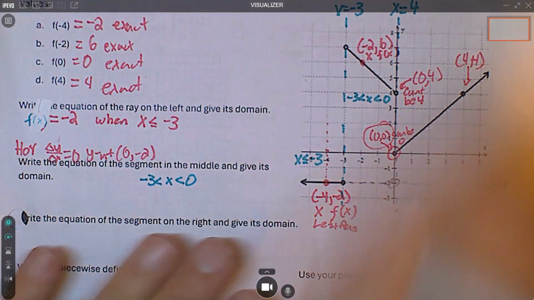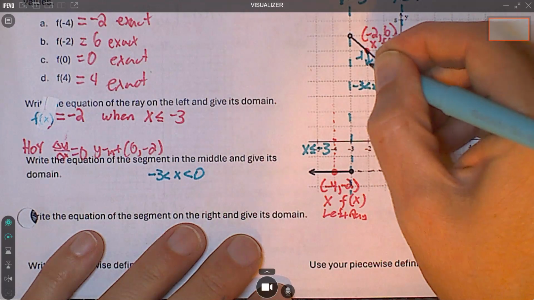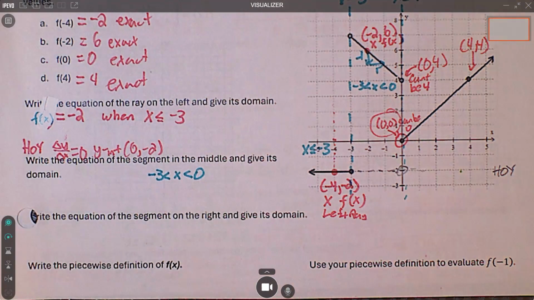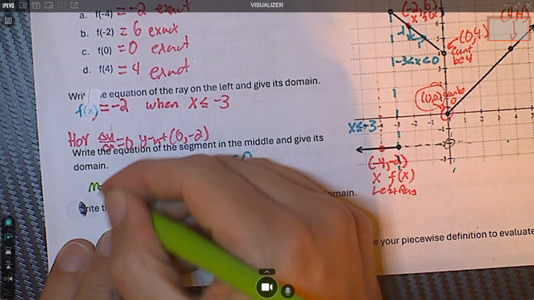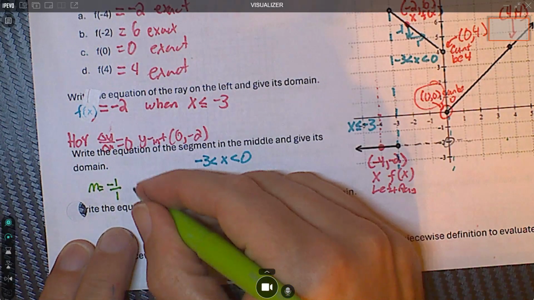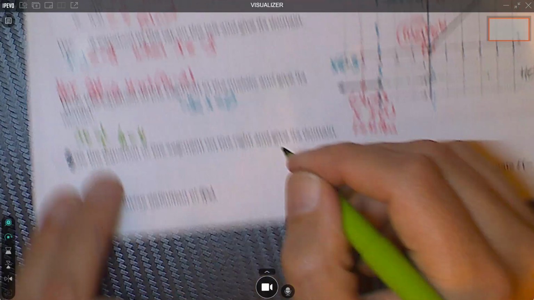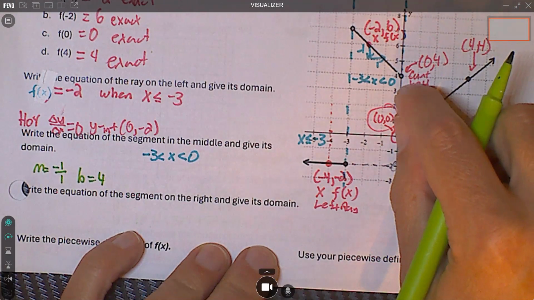And now we've got to find the slope. I should do slope in green. Even though b isn't 4, it's following that trend.